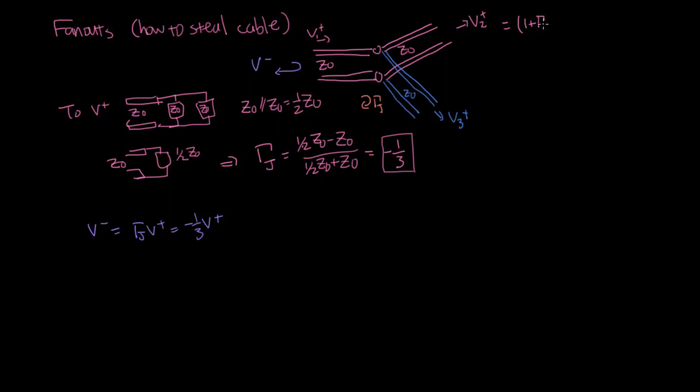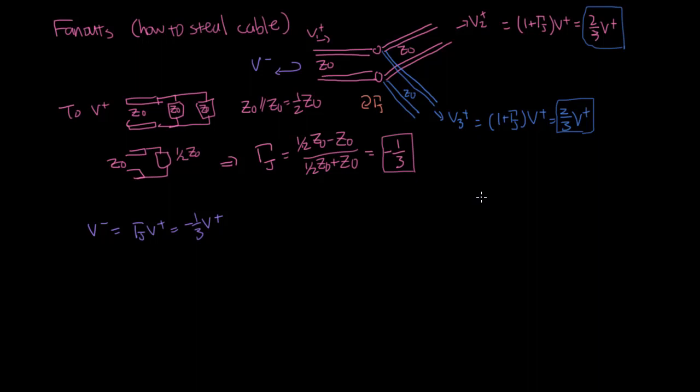So 1 plus gamma J times V plus, which is going to be equal to 2/3 V plus. And then the wave going out this way is also 1 plus gamma J times V plus, which is also 2/3 V plus. So in your bounce diagram, this is the amount that would continue to propagate over the two lines.